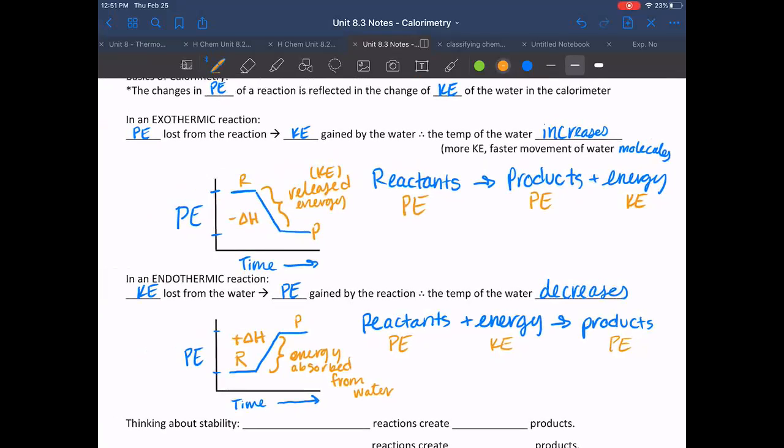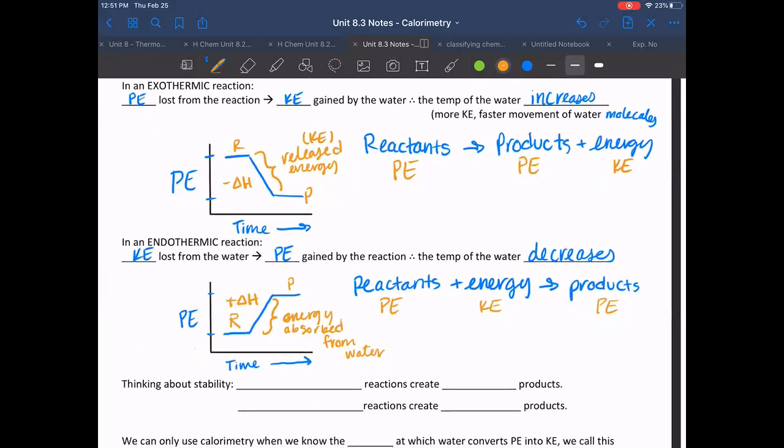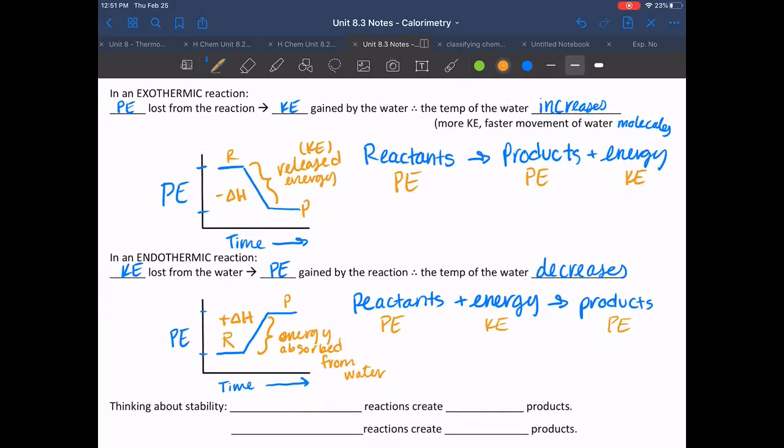Okay, awesome. In terms of stability, we talked about a couple things, or this was on your problem set yesterday. For those of you that I talked to, this is what I was trying to explain, that exothermic products have lower potential energy. Endothermic products have higher. Let's compare them to each other right away.